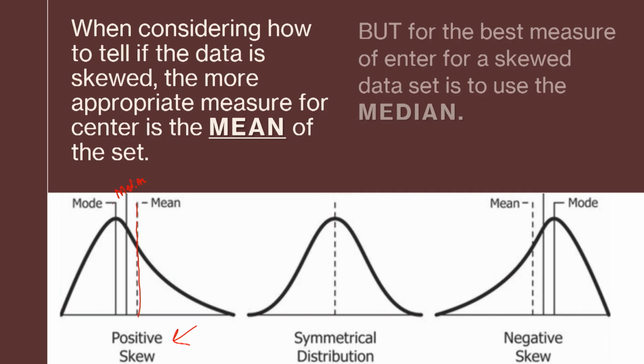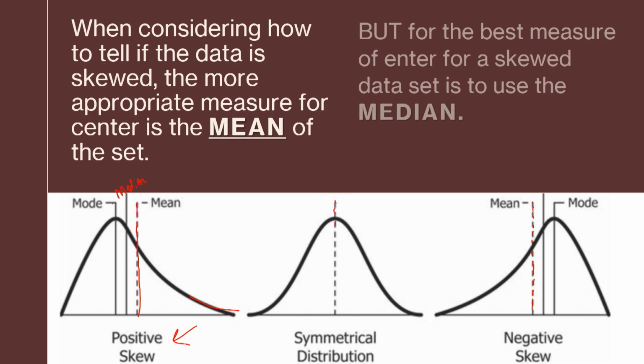That means it's going to have a positive skew, because remember, the skew is to the right. When we look at our number line, our positive is to the right, our negative is to the left. So let's go over here and look at the negative skew. Our mean is on the left side, so it's going to be skewed left. It's also going to have a negative skew.